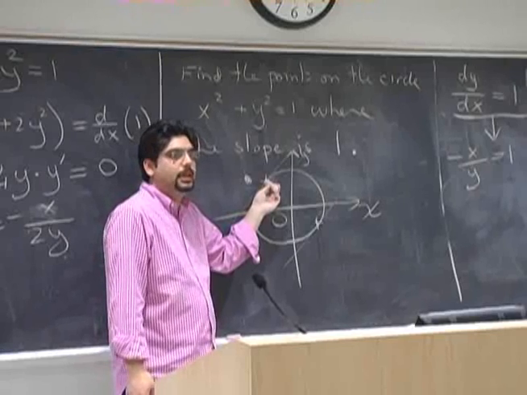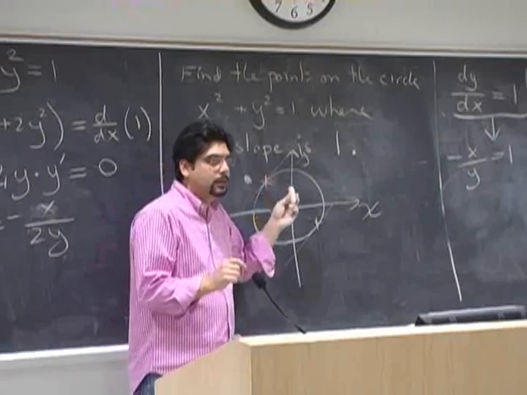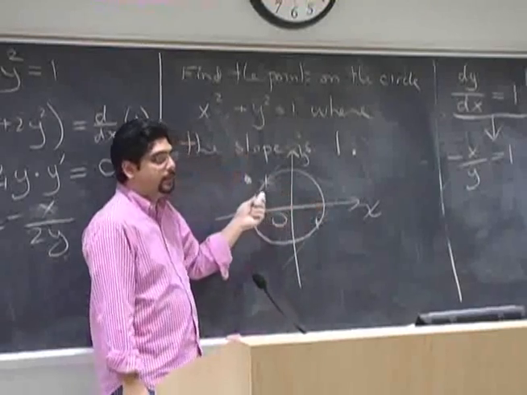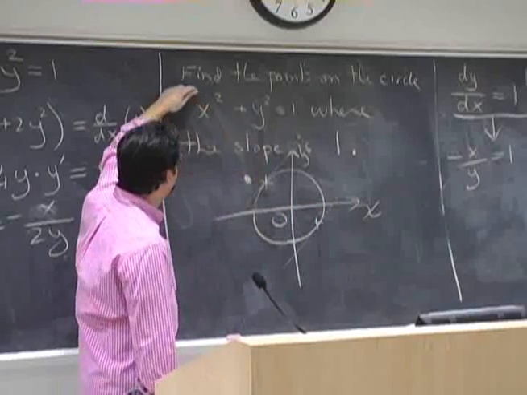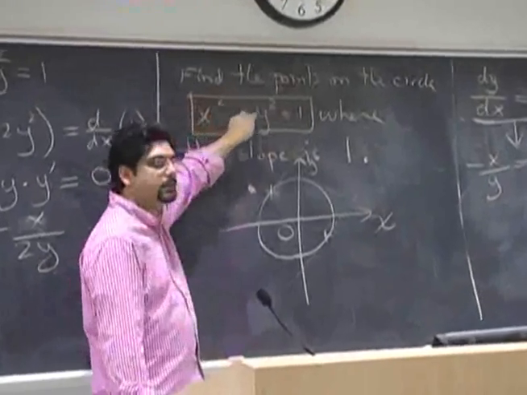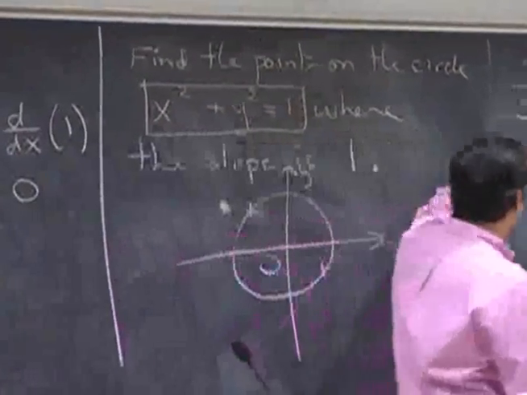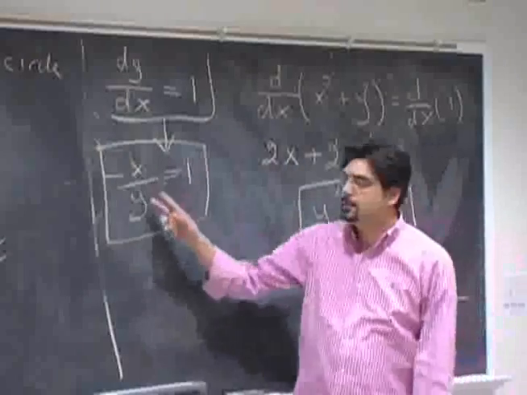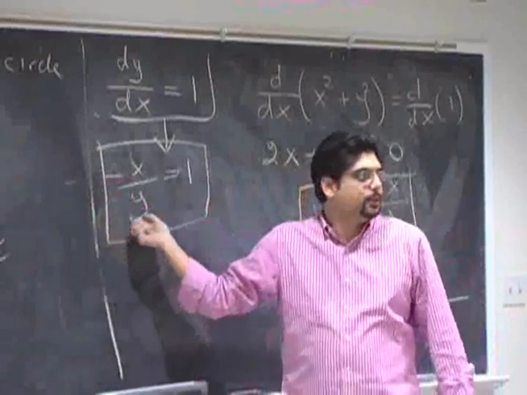How would we guarantee that the point we're talking about is on the curve? x and y have to be less than 1, right? But there is a more concrete way of guaranteeing that. We have to make sure that x squared plus y squared equals 1, right? We also have to make sure that the quotient of x and y equals 1. Well, negative the quotient. So those two together will give us our points x and y.